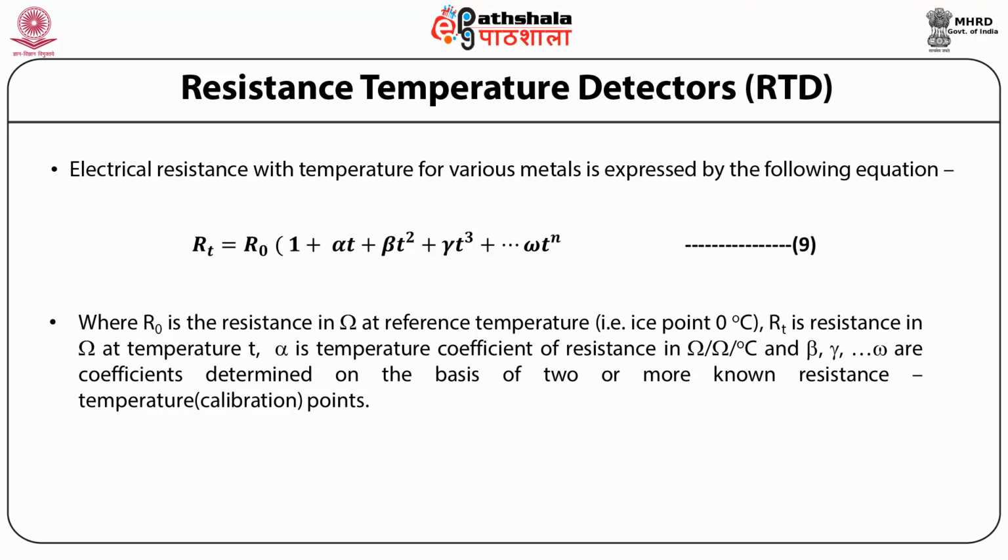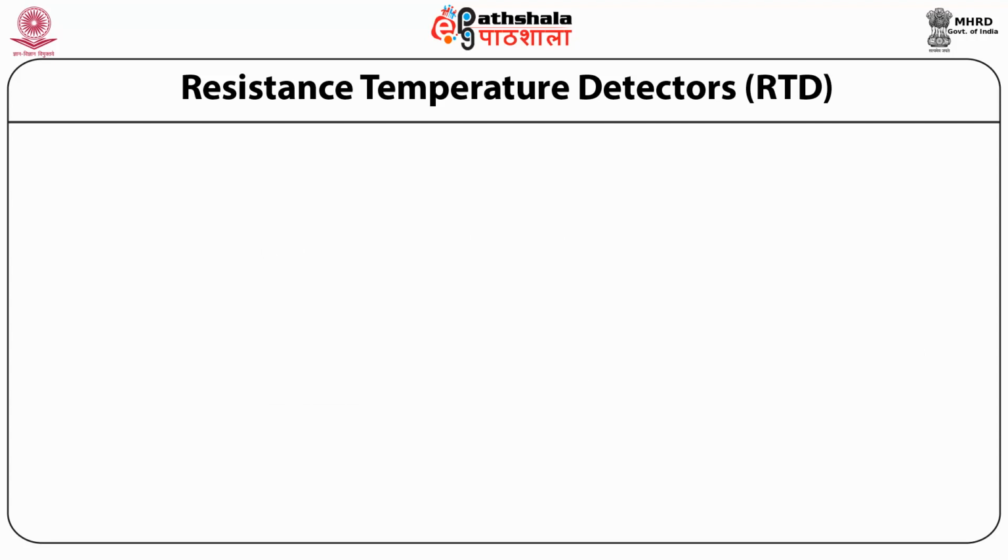RT is the resistance in ohms at temperature T. Alpha is the temperature coefficient of resistance in ohms per degree centigrade, and beta, gamma, omega are coefficients determined on the basis of two or more known resistance-temperature points.